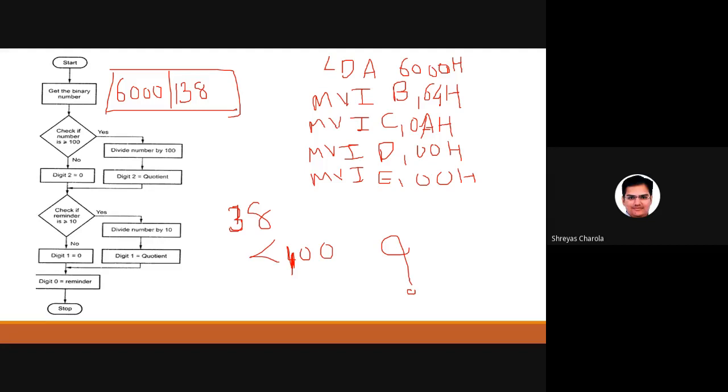Right. So I need a concept where you must require a branching to be done. Yes, the borrow flag will not set, the carry flag will only set. So I must require branching operations to be done.